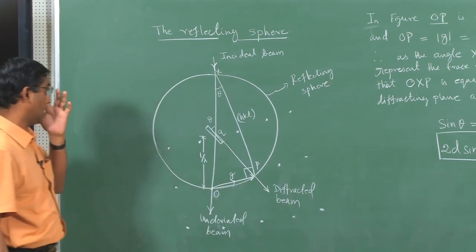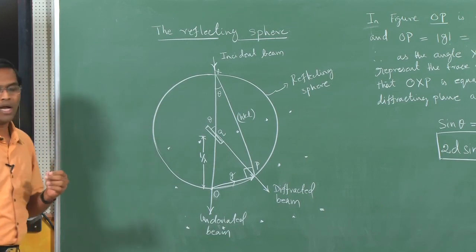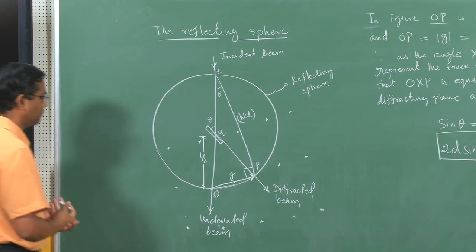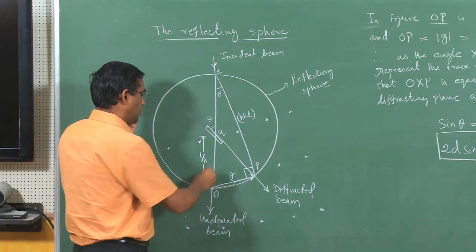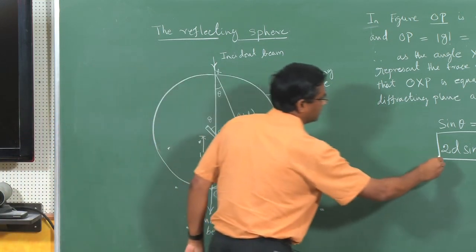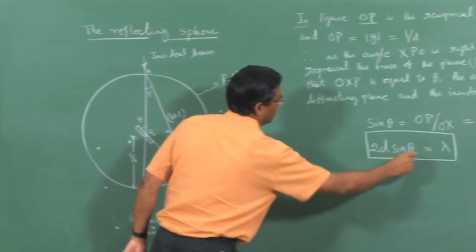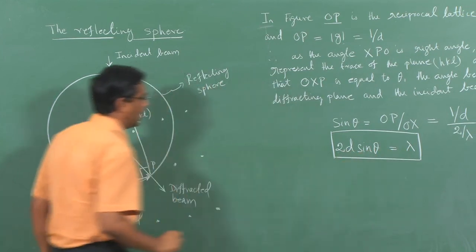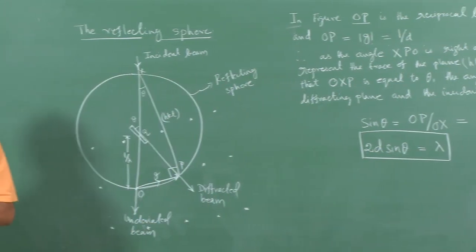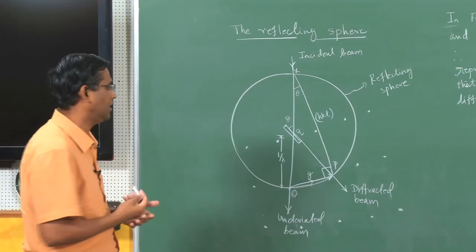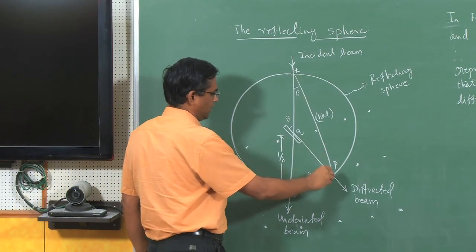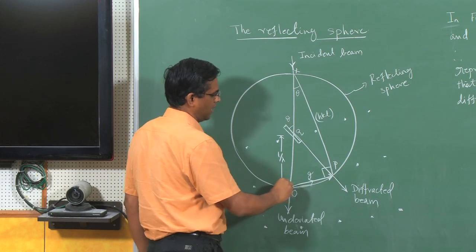Okay. Now, to understand this phenomenon a little more clearly, from this geometry, when lambda is equal to 2d sin theta, then this geometry is valid, right?